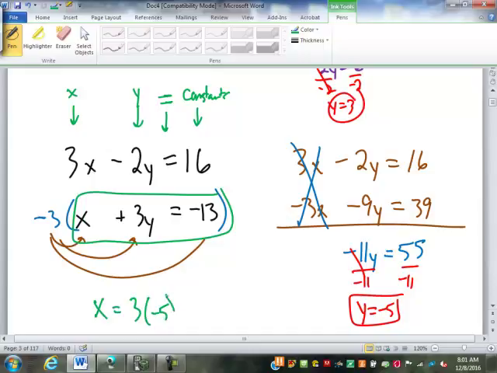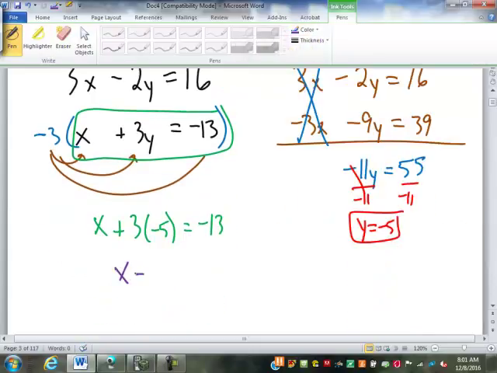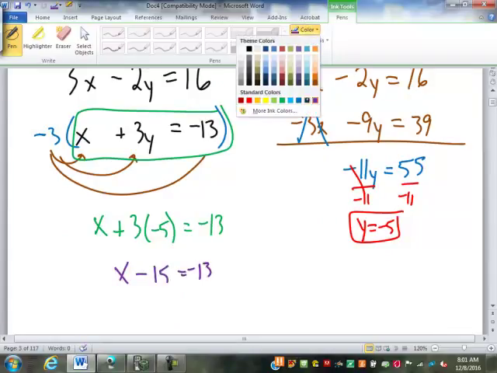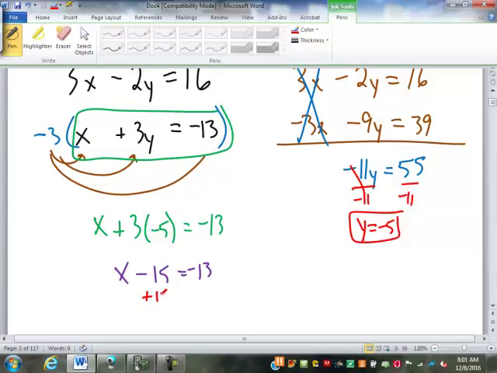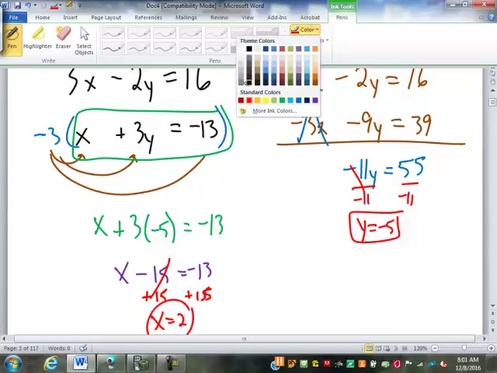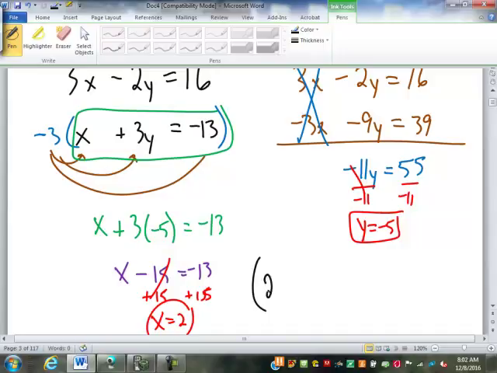X plus 3 times negative 5 equals negative 13. 3 times negative 5 is a negative 15. And we add 15. X equals 2. So the solution to this system is x is 2, y is negative 5.